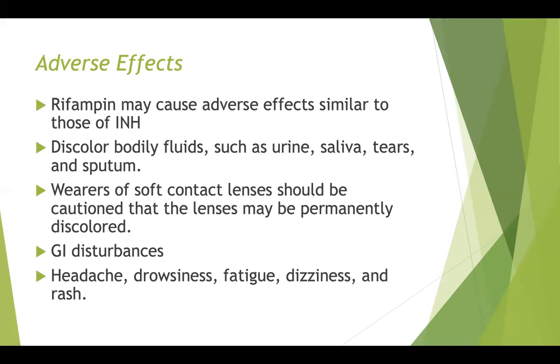So it can discolor the body fluid, mostly orange in color. So you may have orange urine, orange saliva. When you cry, it's orange. Okay, so it's pretty cool to have orange tears, crying, and it's orange.